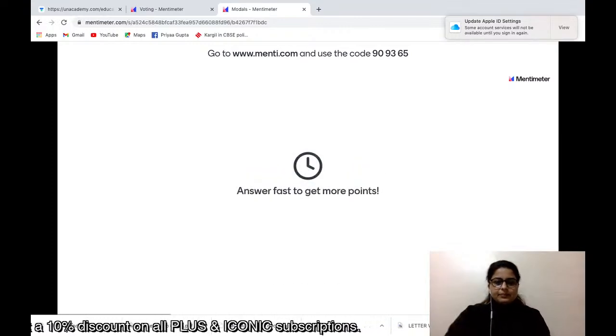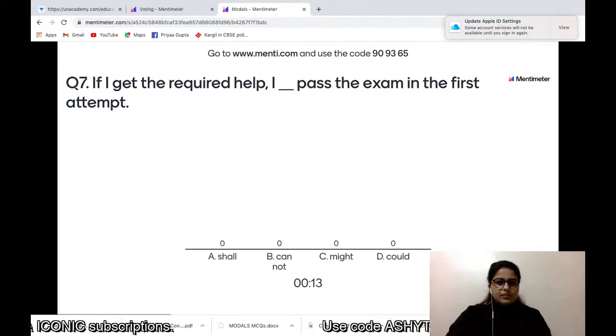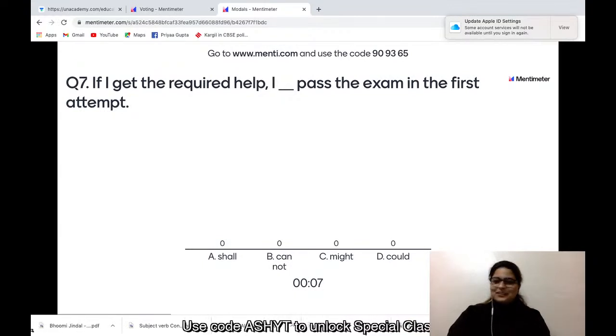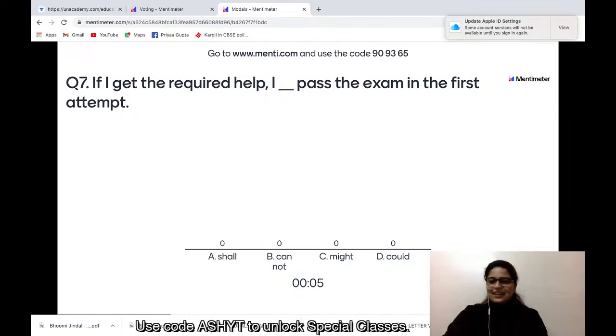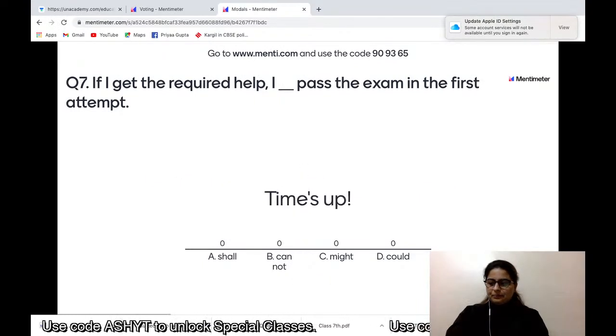Question 7. If I get the required help, I dash pass the exam in the first attempt. It's tricky, no? Little tricky. But two answers, you can just think and say no to them.